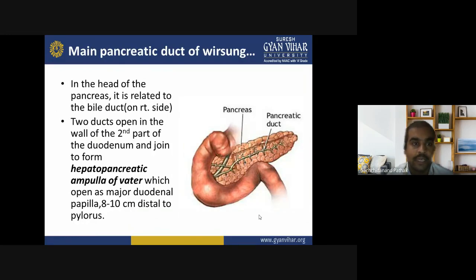At the end of the pancreas, it is related to the bile duct. The two ducts open in the wall of the second part of the duodenum and join to form what is called the hepatopancreatic ampulla of Vater.